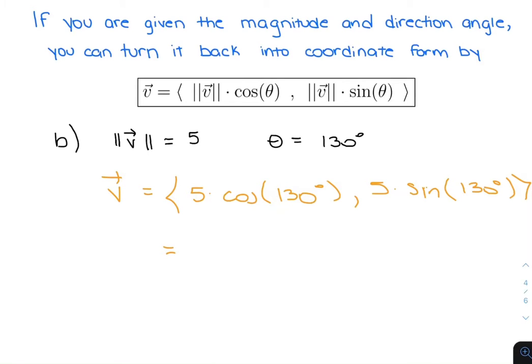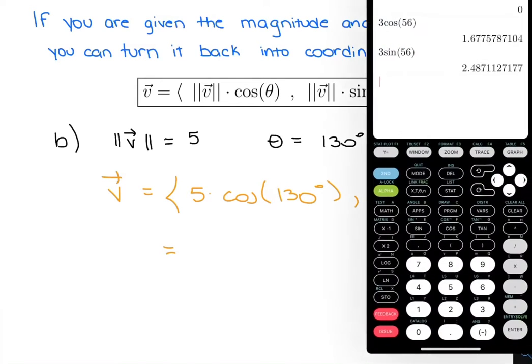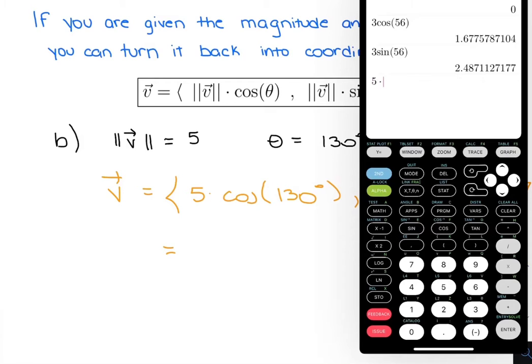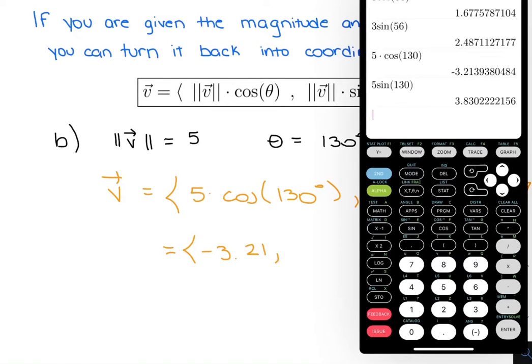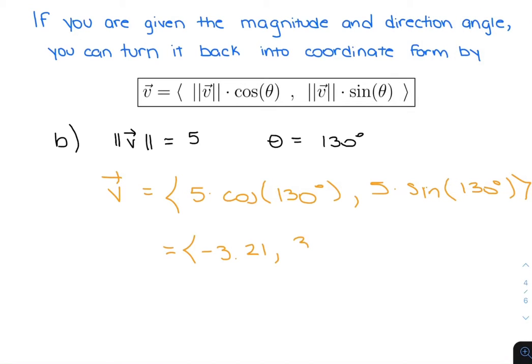We can just plug this into our calculator and see what coordinates we get. So we're going to do 5 times cosine of 130 degrees, and we get negative 3.21, comma, 5 times sine of 130 degrees is 3.83. So our vector coordinates are these right here.